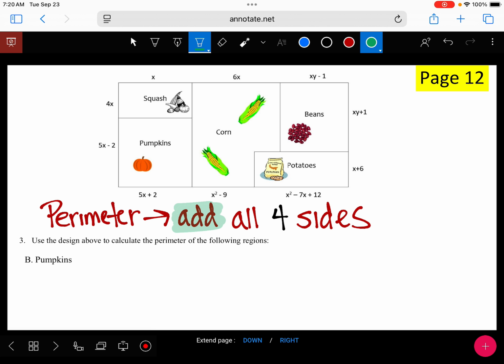And if you don't remember what the definition of perimeter is, I wrote it on the board. Feel free to write that in your notes. But if it's asking you for perimeter, that's addition. And you have to add all 4 sides.